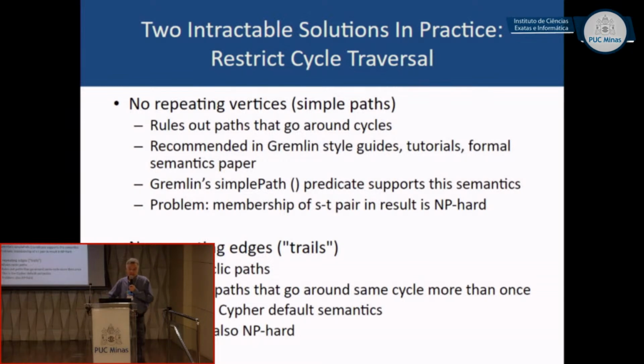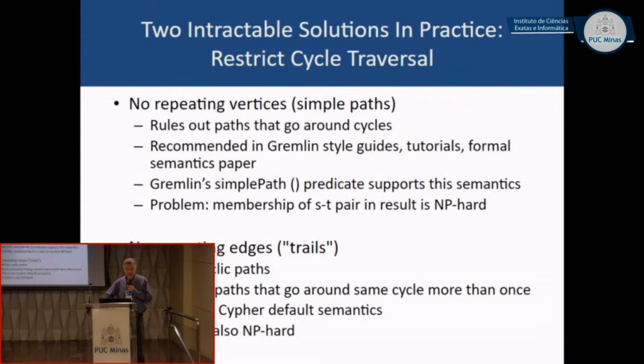Okay, so that leads to only counting simple paths. You cannot enter a cycle because then you won't be able to exit it. This is recommended in style guides and tutorials of the Gremlin Apache project. There is a predicate that checks that the path is a simple path there.